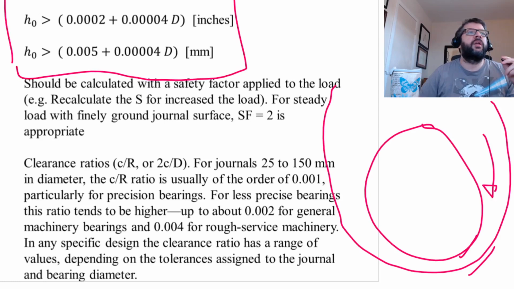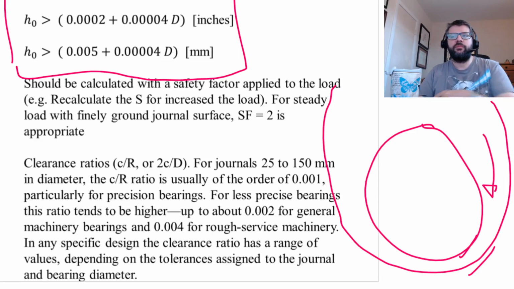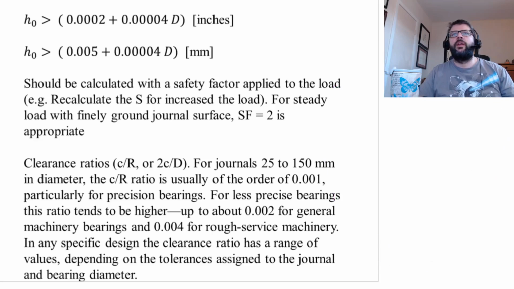So we're going to be calculating this and applying a certain safety factor. So if we calculate what the H0 would be based upon twice the load that's actually in operation, then we could say that that is suitable, if it's above kind of this reasonable threshold.